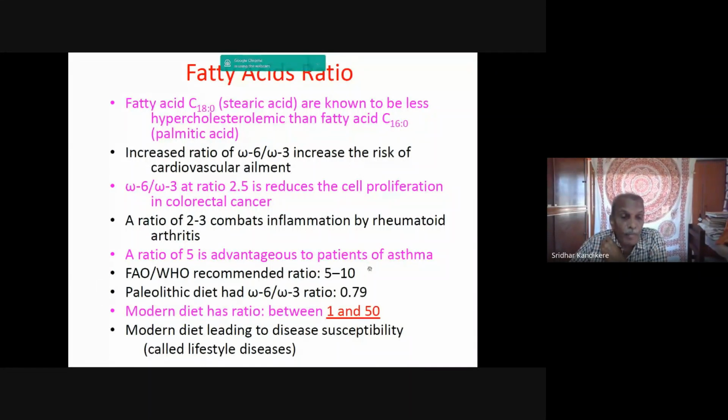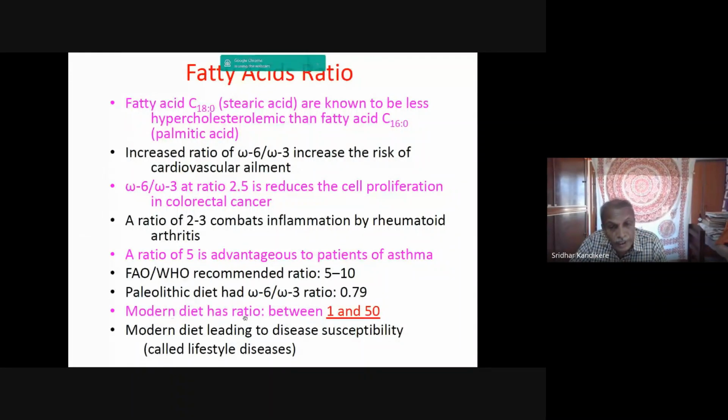Whatever the food material is, an omega-6 to omega-3 ratio of 5 to 10 is always desirable for human health benefit. Now the food habits have changed, and we all succumb to a variety of lifestyle diseases. If you look into the Paleolithic diets, which our forefathers used, the omega-6 and omega-3 ratio was 0.79. It is really amazing. It is below 1, the ratio 0.79.